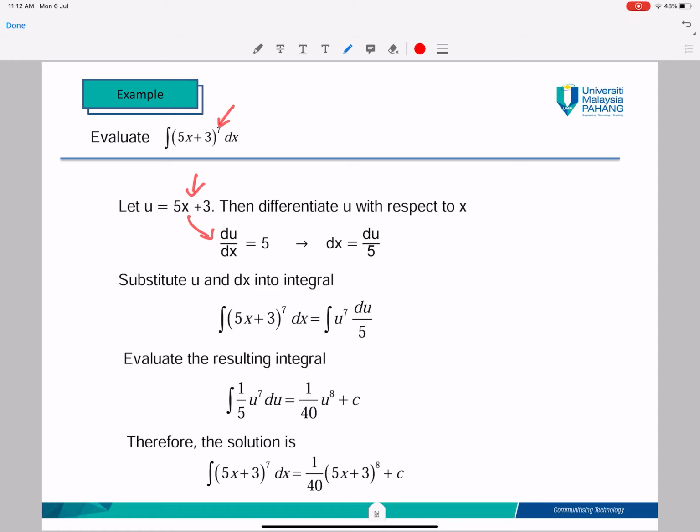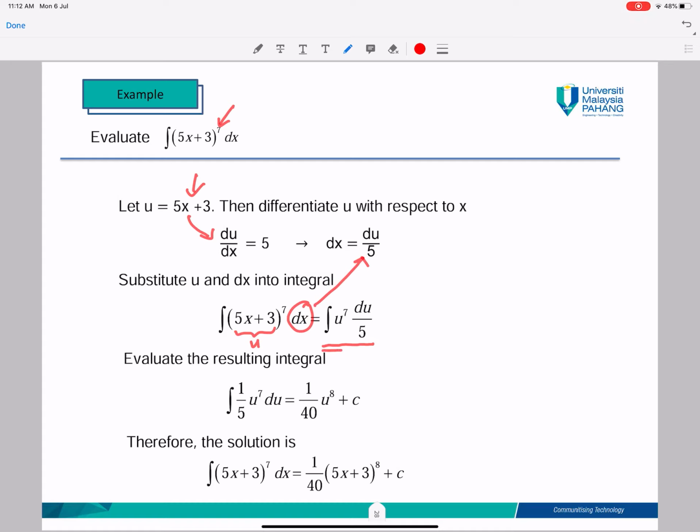And then we will rewrite the integral of (5x plus 3) power of 7 dx, where we know just now that 5x plus 3 is u. Therefore, we can rewrite it so that it becomes the integral of u power of 7, and dx, we know that it is du over 5. So we substitute it, and then we get the integral of u power of 7 du over 5.